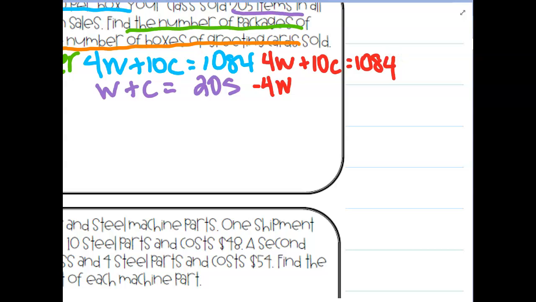1,084. Now the second equation, how do I go from W to negative 4W? Multiply by a negative 4. So we'd have our negative 4W minus 4C. 205 times negative 4, I believe, gives me negative 820.